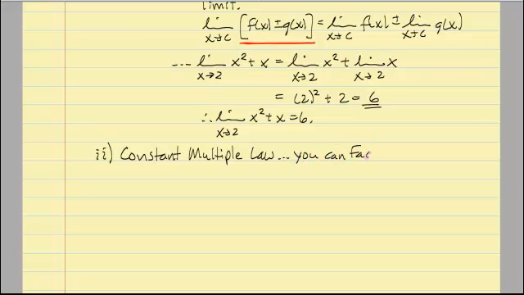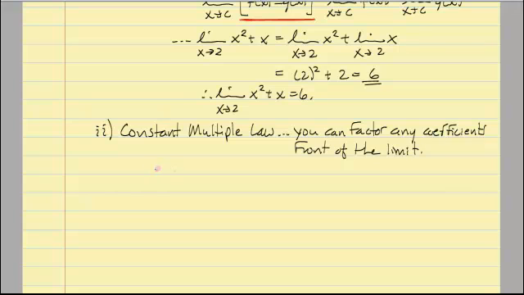So you can factor any coefficients out front of the limit. And of course this has to follow all the mathematical rules. I can only factor out a coefficient if it's a common coefficient to every single term in my limit. And we'll look at an example like this.